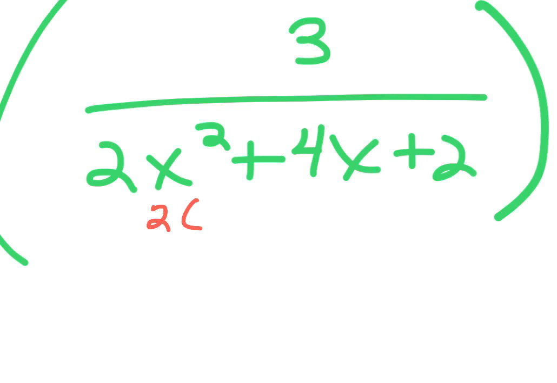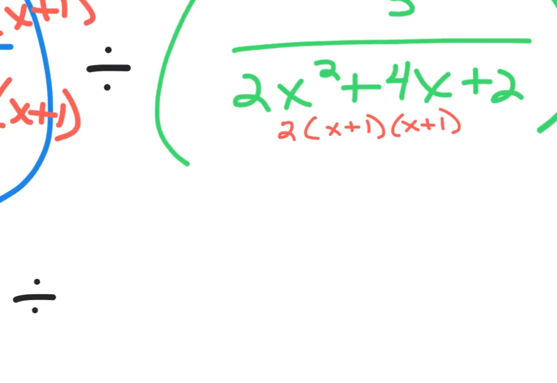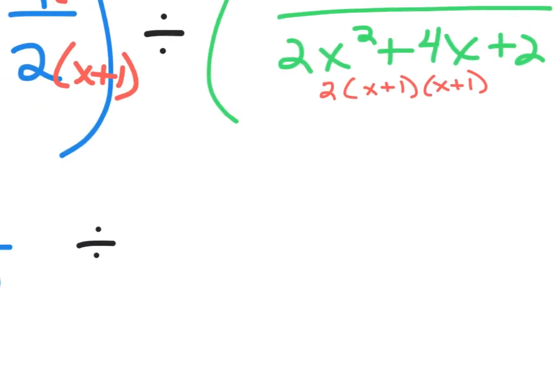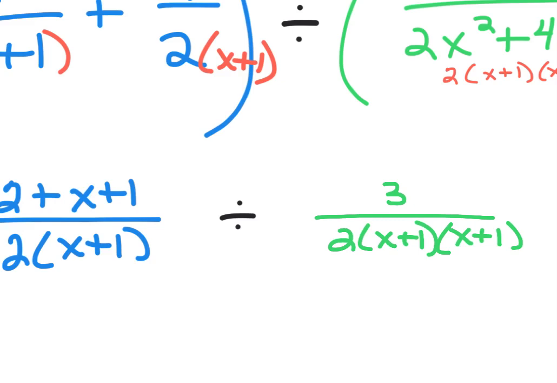Grab a scratch sheet of paper and factor that, and you should have 2 times x plus 1 times x plus 1. And so now that whole fraction is 3 over, and then that factored 2 times x plus 1 times x plus 1. So the green is 3 over 2 times x plus 1 times x plus 1.